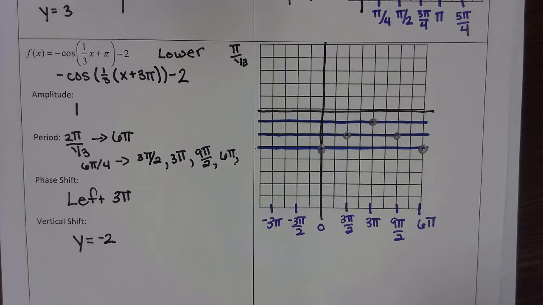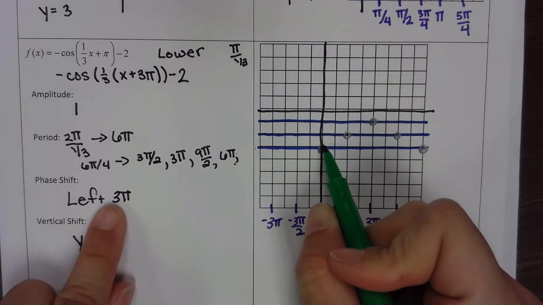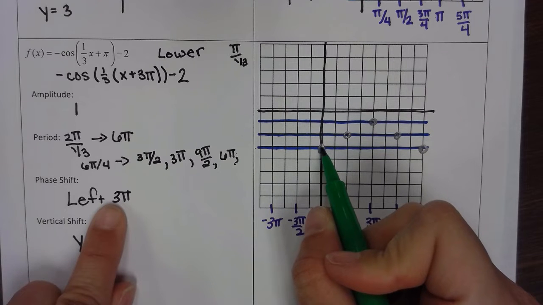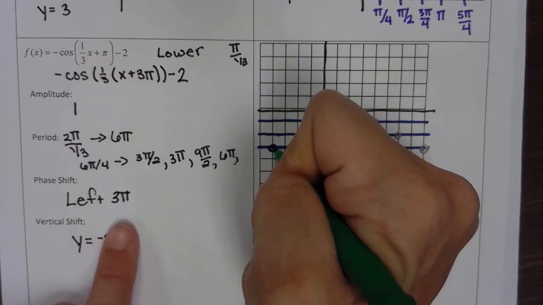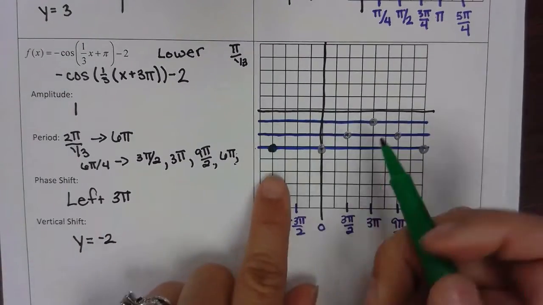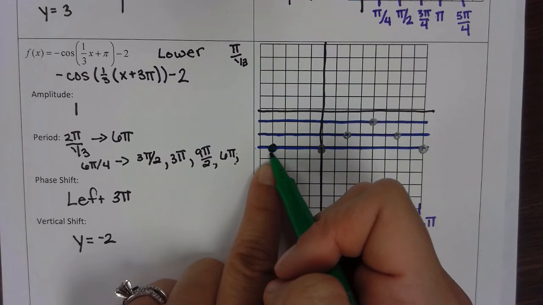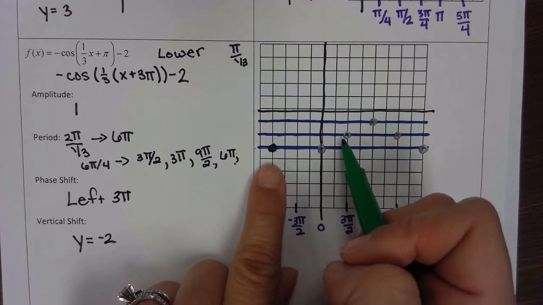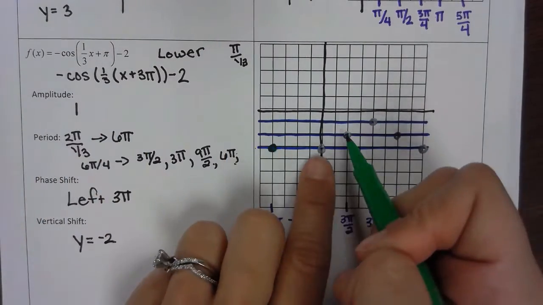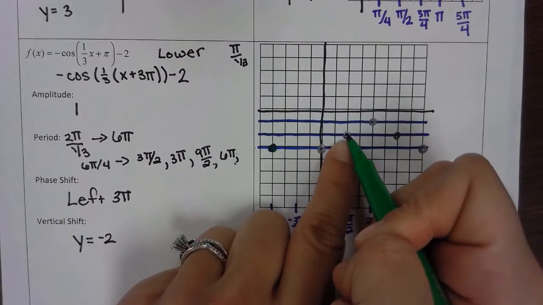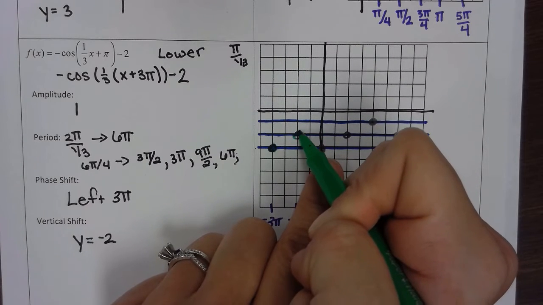Now, I like starting with 0 because we need our 0 going to the left 3 pi. Well, where is 3 pi to the left? It's right there. And as you can see, we move 1, 2, 3, 4 spots. So we're going to move each of these coordinates 4 spots. So here is the next point. 1, 2, 3, 4.